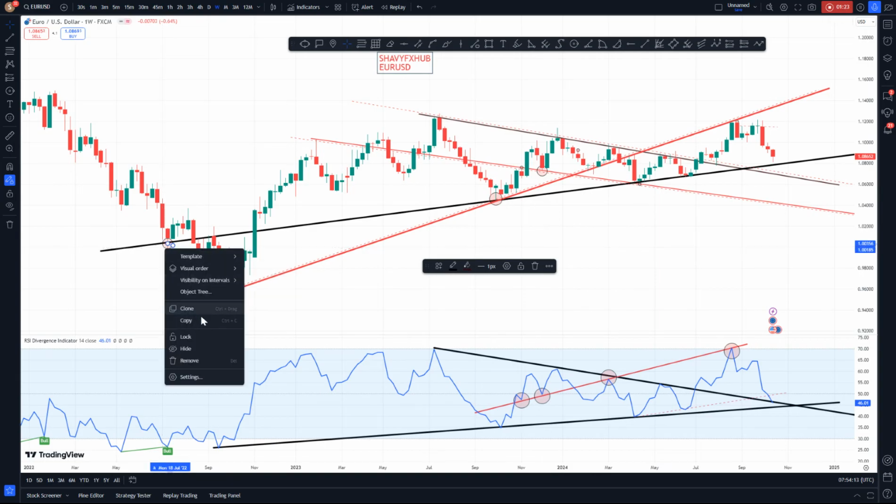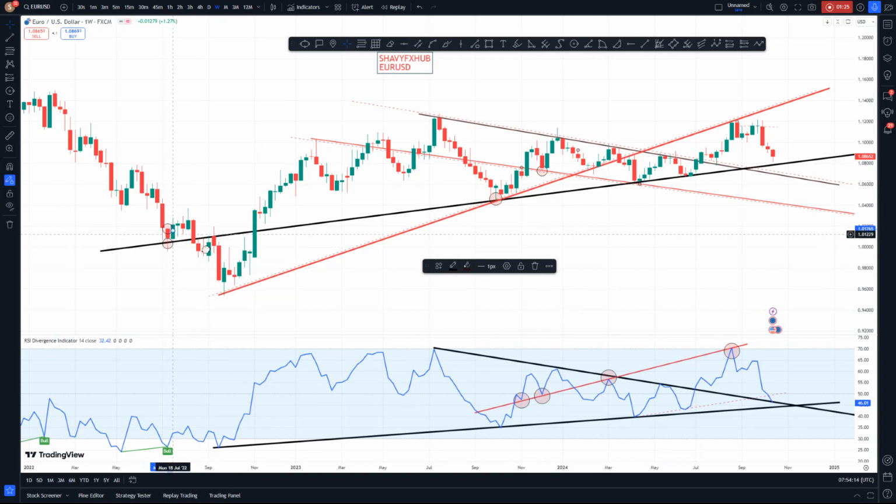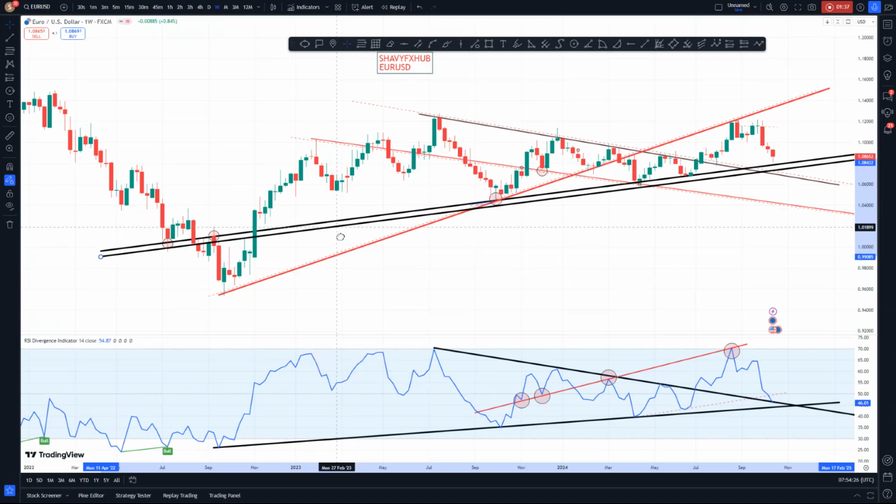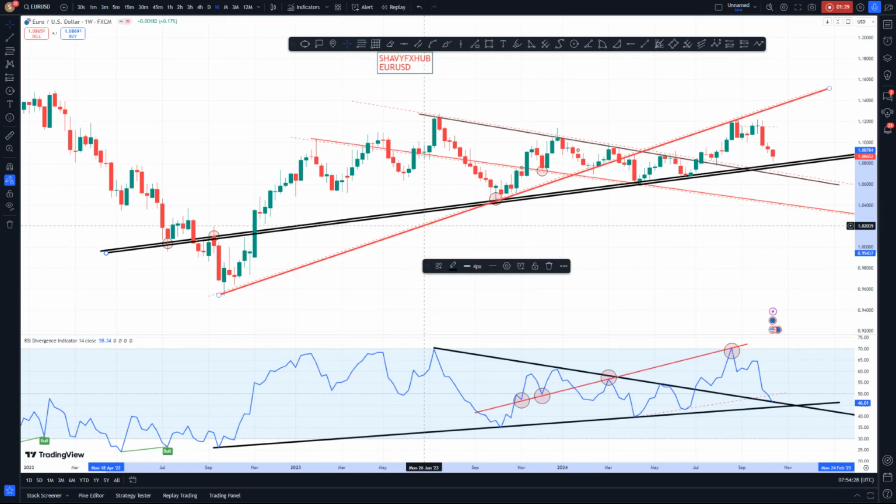We have a support structure, break of a support structure, price came on retest. So let's double the line, add a little flavor to it. Price retested.